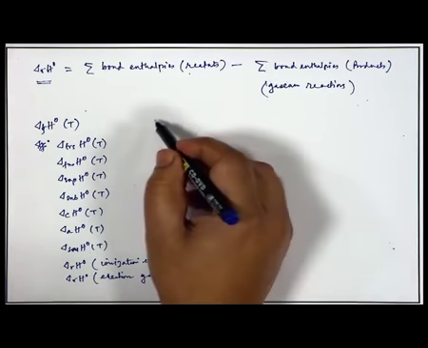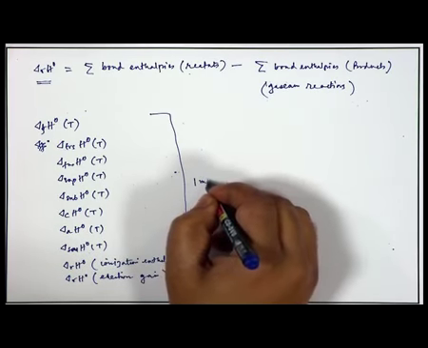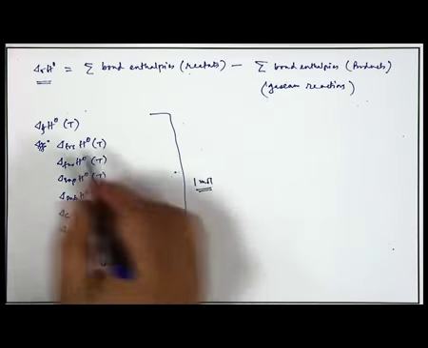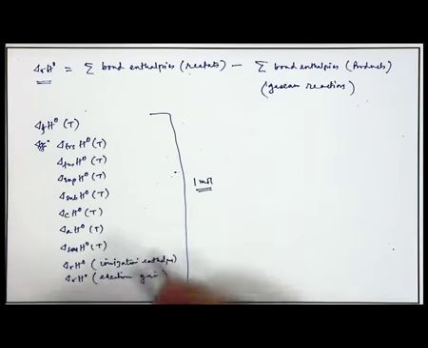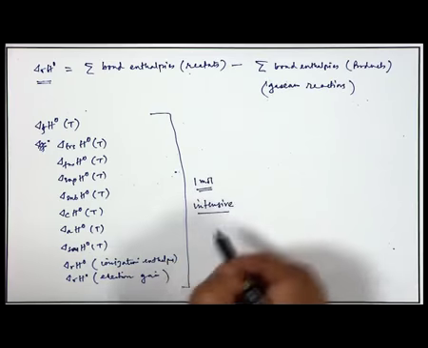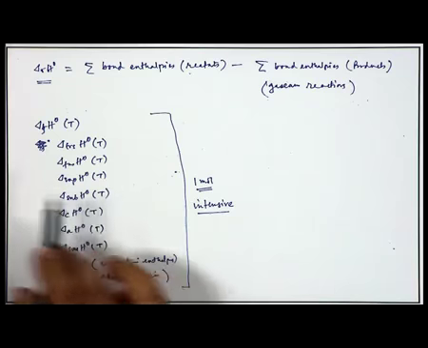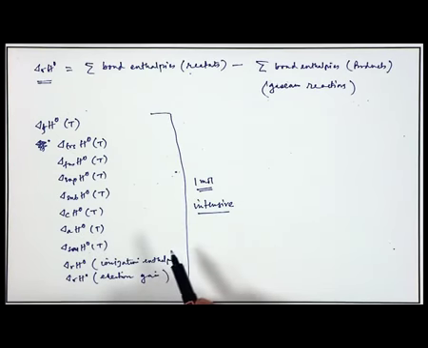All these are for 1 mole of substance. So, these are all intensive quantities, because here we make sure that we are dealing with 1 mole of compound, whether it is formation, combustion, or vaporization; all of this is related to 1 mole of substance.